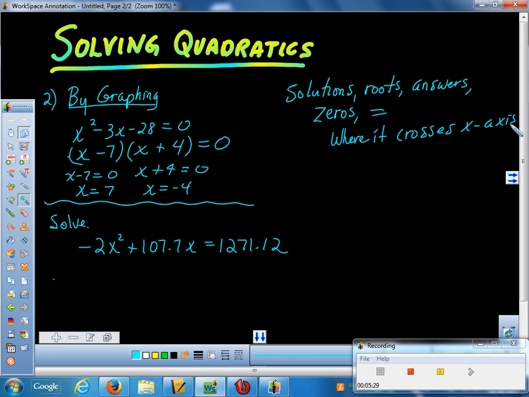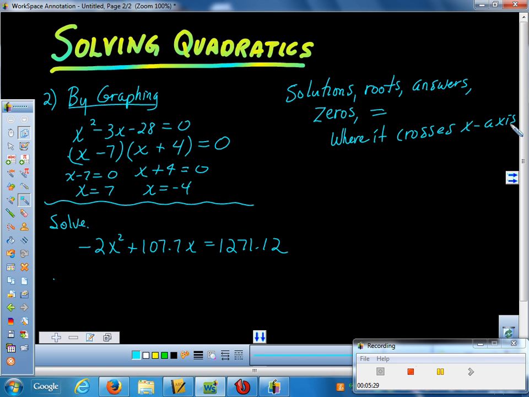For us, though, if we want our calculator to find it for us, it can actually go do that for us, and we'll do it in a second. But I want to do something. I mean, that was an easy one to factor. You would never ever do that particular problem in your calculator because it's quicker to factor it than go to your calculator, go to the right page, all that stuff. But this one I have here second, that's got horrible icky decimals.